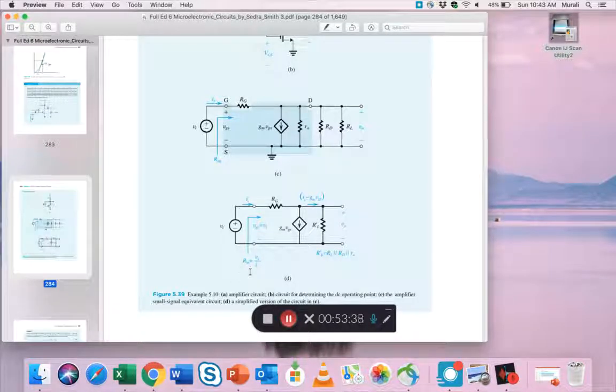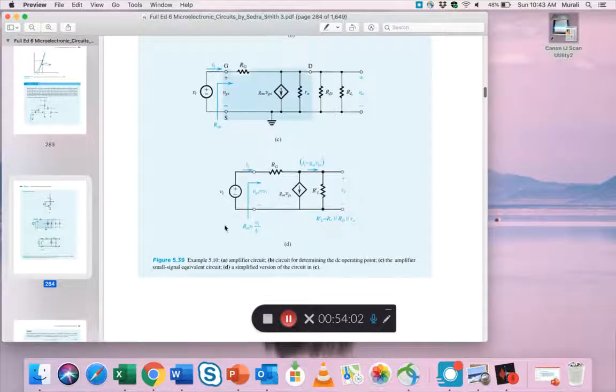Now that's a new thing that we have to find, and he defines it as the input impedance, which is VI by II. That means the voltage looking from here divided by the current into the circuit from the source. Remember, this is only the small signal. We are ignoring the biasing stuff at this point. That gives you your small signal input impedance.